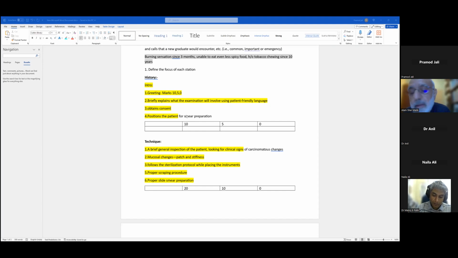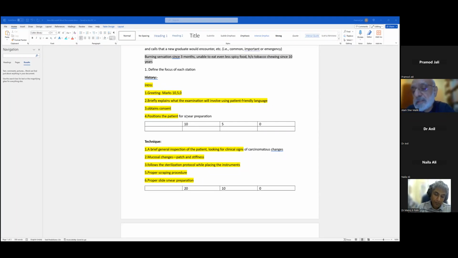Now, the advantage would be this. In a long case, when we are marking, the examiners usually become biased. For example, a student has taken a poor history, but then does an excellent physical examination.